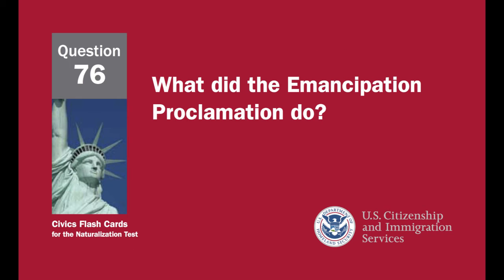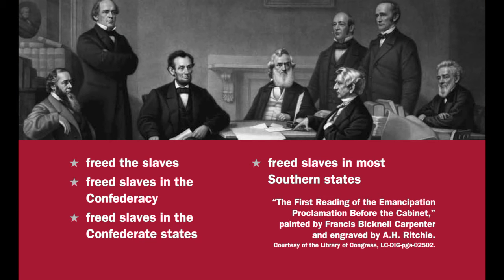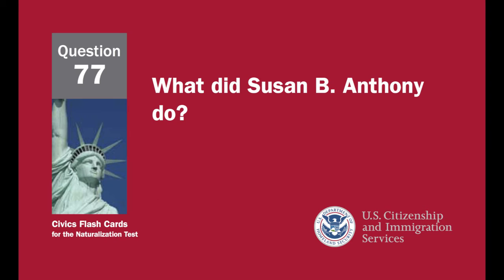What did the Emancipation Proclamation do? Freed the slaves. Freed slaves in the Confederacy. Freed slaves in the Confederate States. Freed slaves in most southern states. What did Susan B. Anthony do?